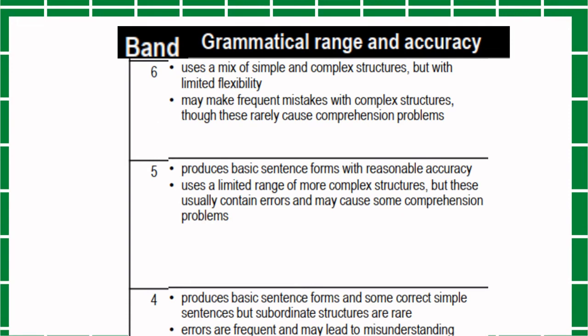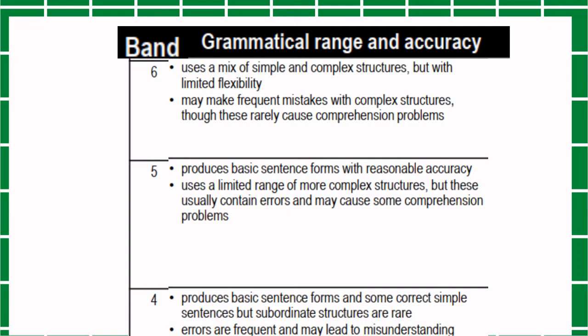Band 4, they produce basic sentences and some correct simple sentences. Errors are frequent and may lead to misunderstanding. For band 5, they produce basic sentences with reasonable accuracy and use a limited range of more complex structures.